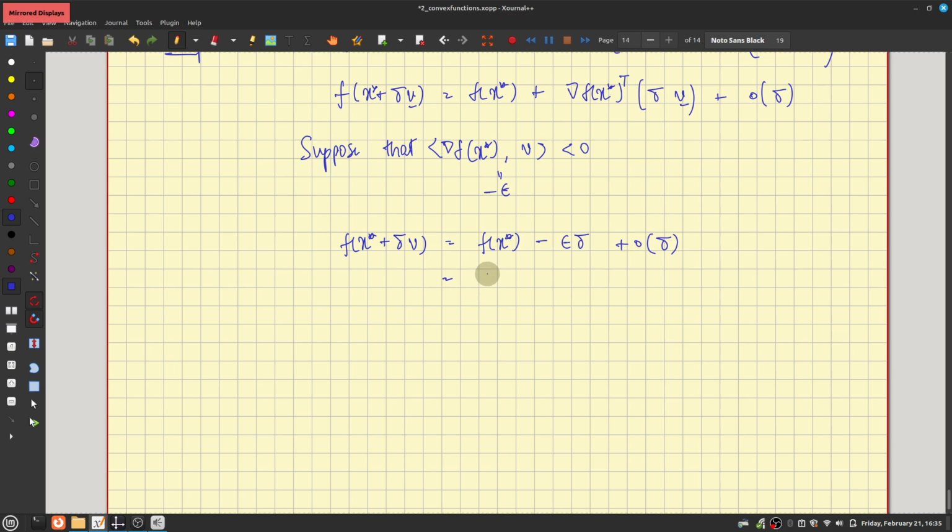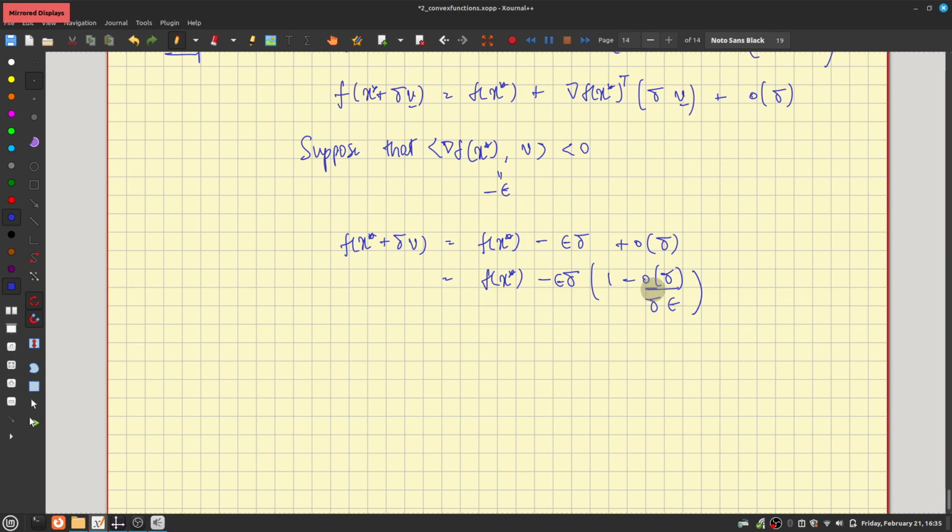This is f of x star minus epsilon delta times 1 minus little o of delta divided by delta times epsilon.